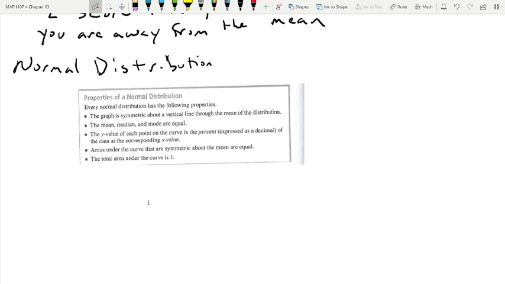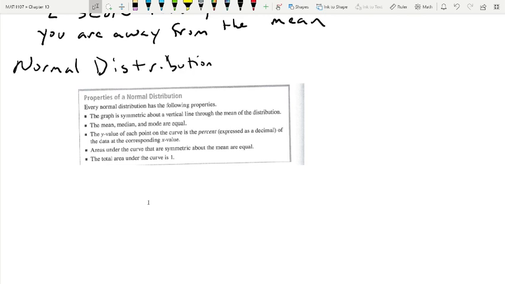Every normal distribution has the following. The graph is symmetrical about the vertical line through the mean. The mean, median, and mode are equal. The y value of each point is a percent. Areas under the curve are symmetric about the mean, and the total area under the curve is 1.